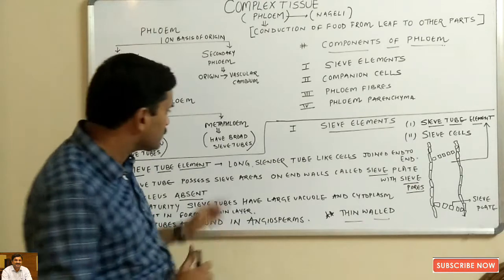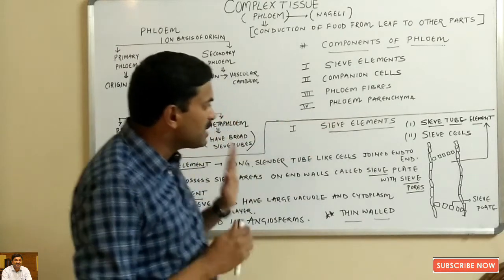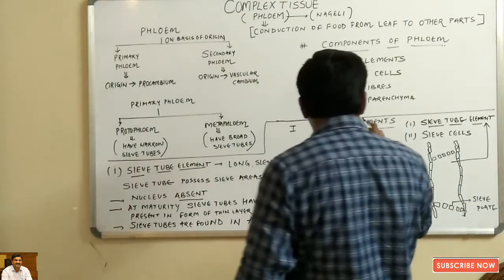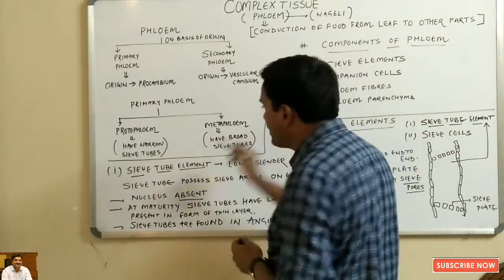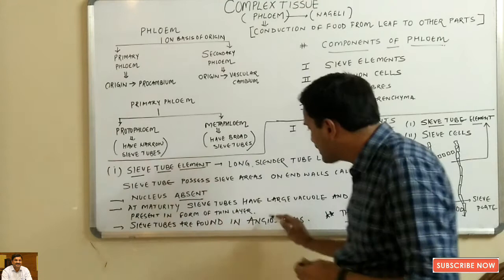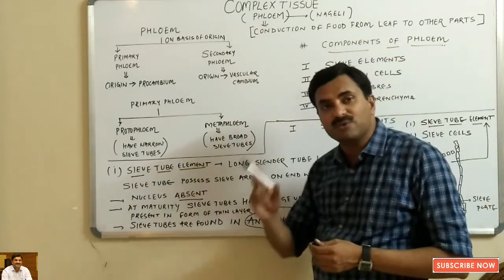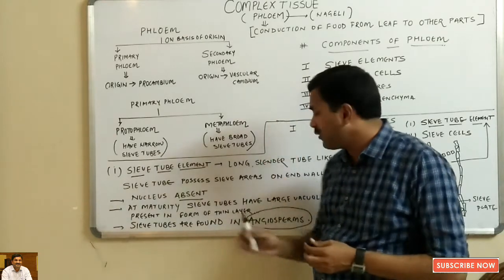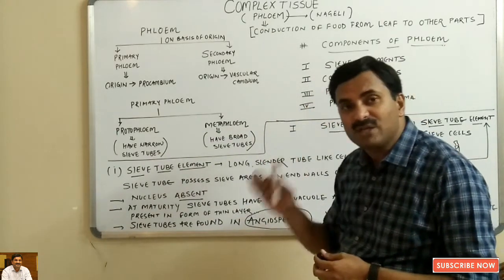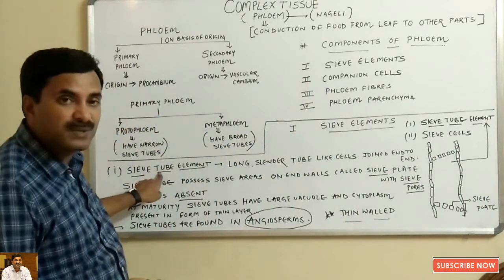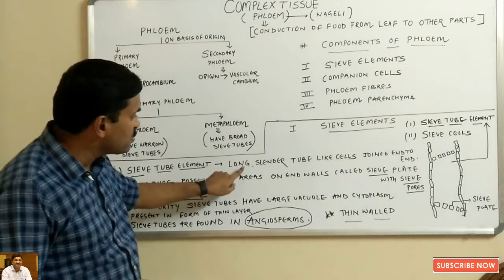Out of these sieve elements, the sieve tube element is the feature of angiosperms. You must know that sieve tubes are especially found in the angiosperms. What are sieve tube elements like?